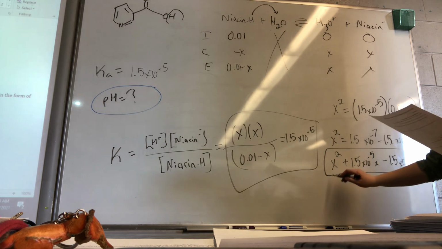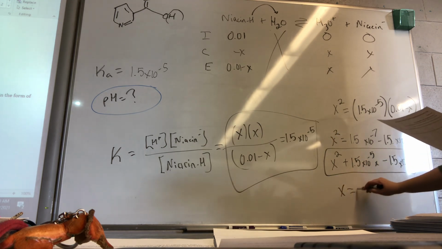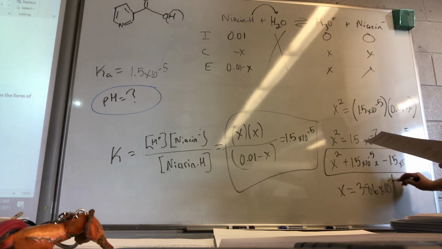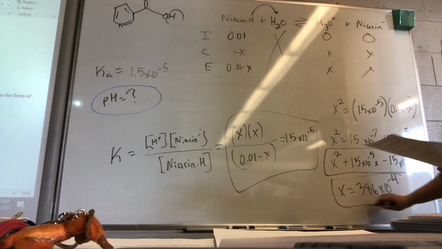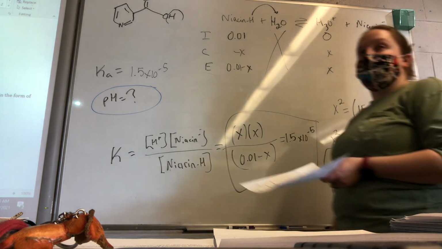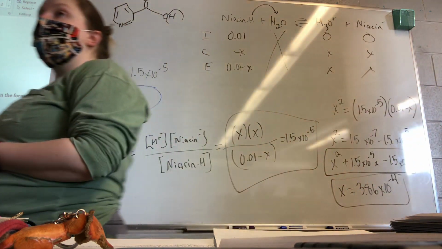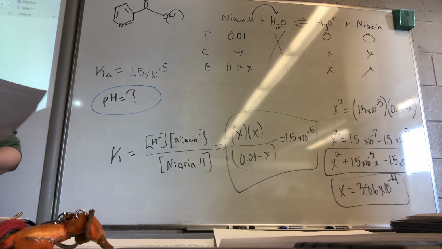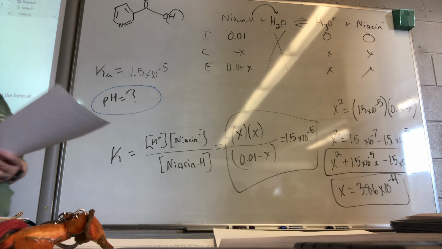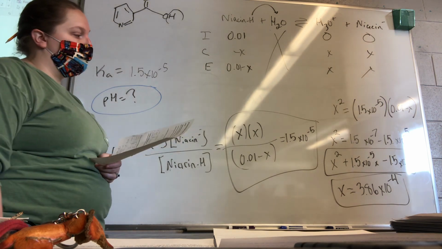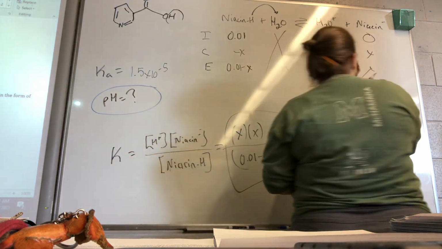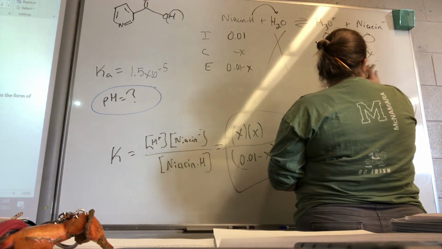My X value came out to be 3.86 times 10 to the negative 4th. Yes. What does that X mean? That means this, right?